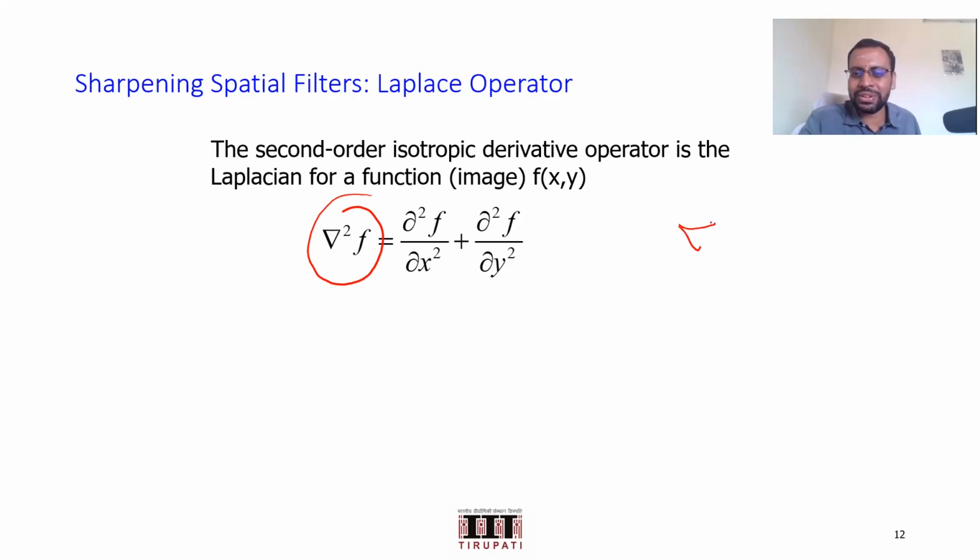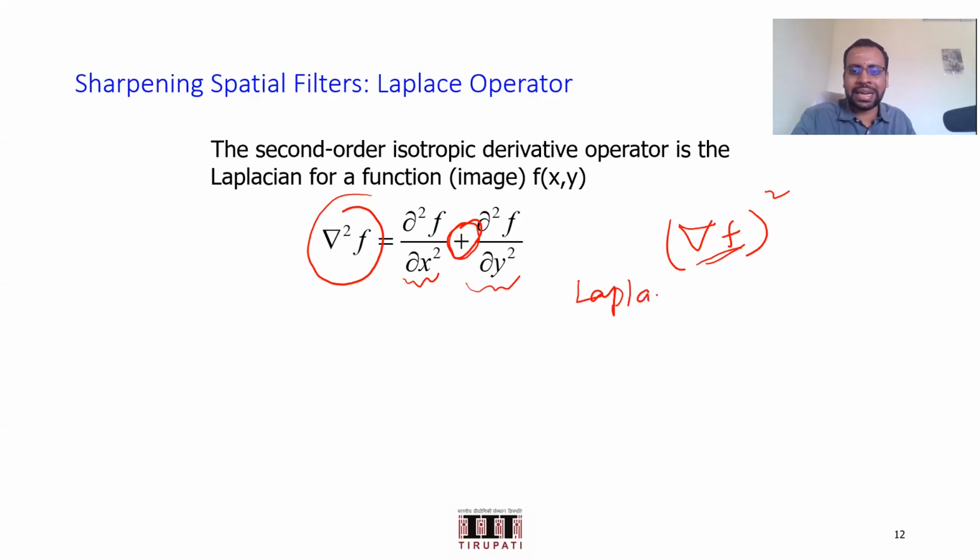Don't confuse it with the gradient of f whole square, which you will come across in quite a few places. The gradient is a vector. Del square of f is a scalar, dou square f by dou x square plus dou square f by dou y square, and this is referred to as the Laplacian operator.